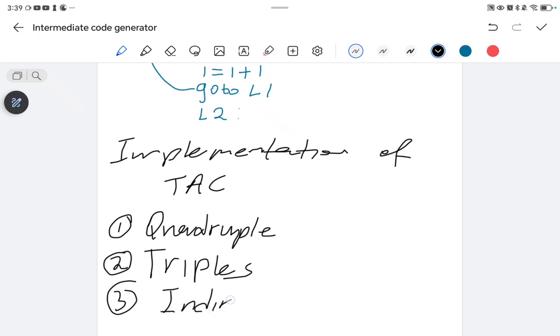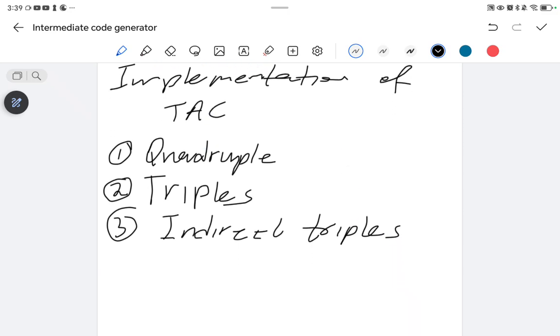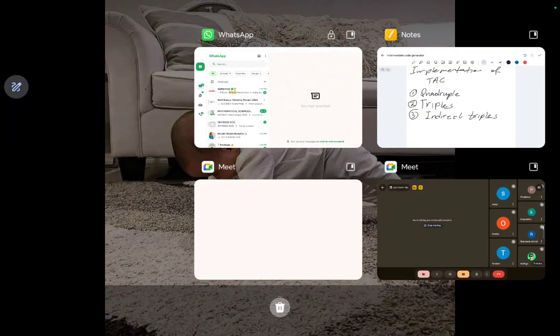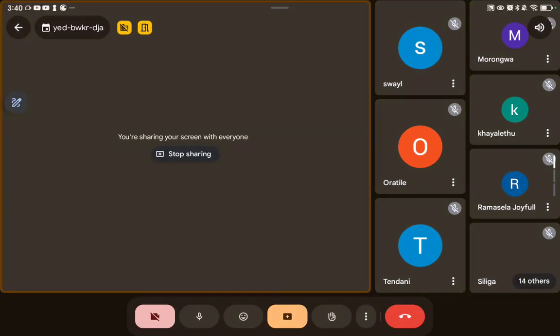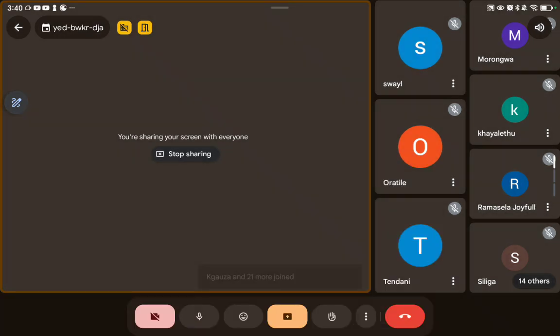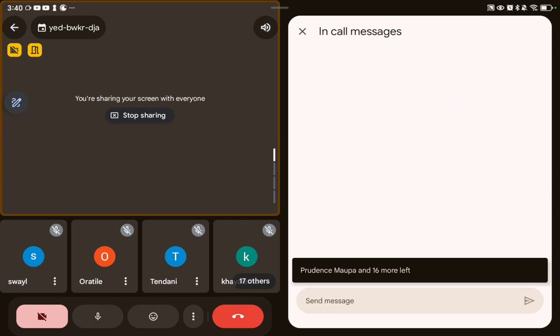Did they teach you guys the indirect triples? If yes, please participate. Maybe I'll see someone typing in the messages. No one is typing.